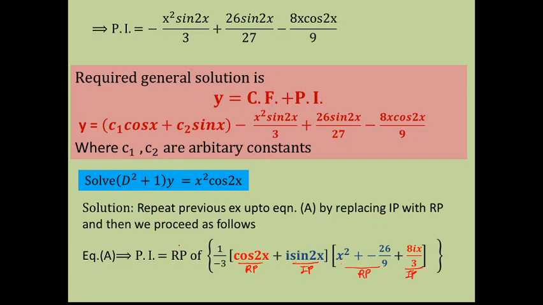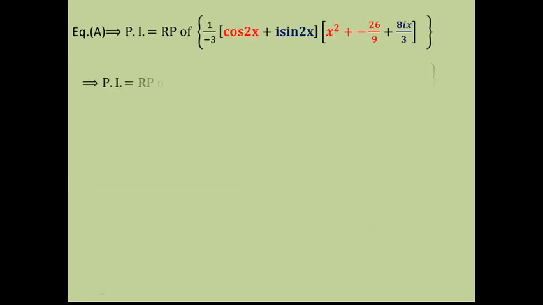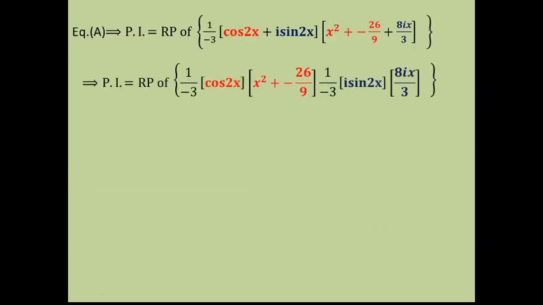So in order to get the real part of this entire term, we will multiply the real part with the real part and the imaginary part with the imaginary part. Okay, so we will get it like this. I have shown the multiplication of the similar terms with the red color.